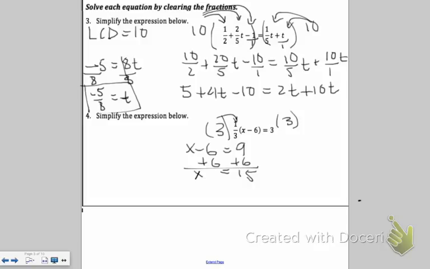You have a few examples in your handout that are like this. But my suggestion is to always just distribute first and use the same steps that you've been using with the LCD to turn these fractions that we have into whole numbers that we can solve much more easily.